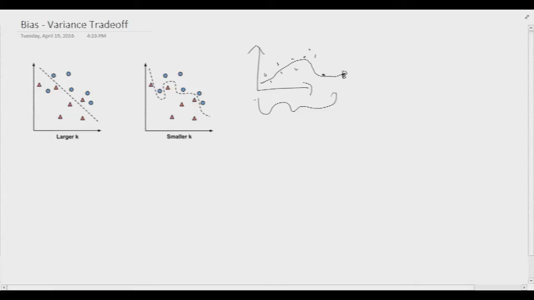This would be the training set. The test set is likely to follow the same linear relationship here, whereas the model will predict values somewhere along here. So what you have to do is be able to have accurate predictions, and this is where you get into the bias-variance trade-off.